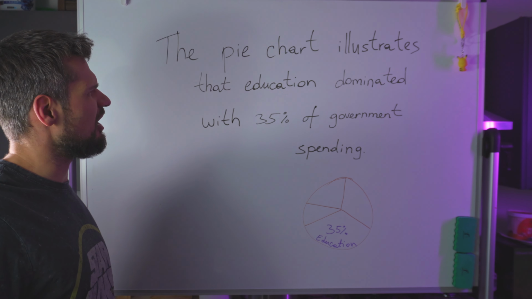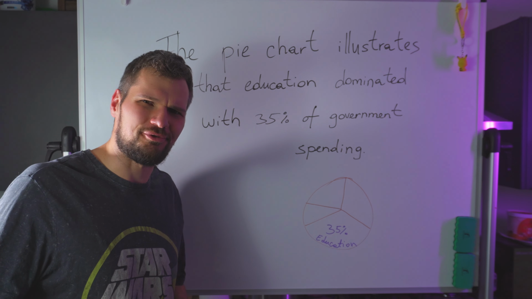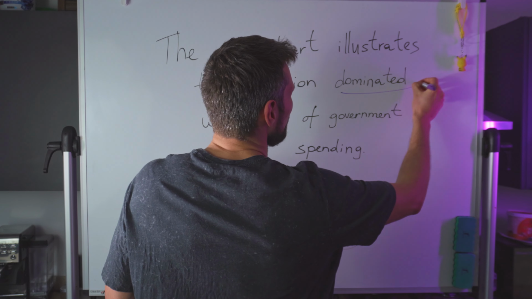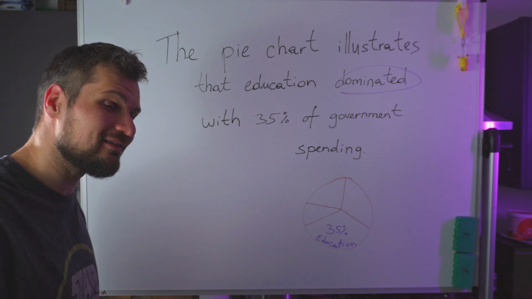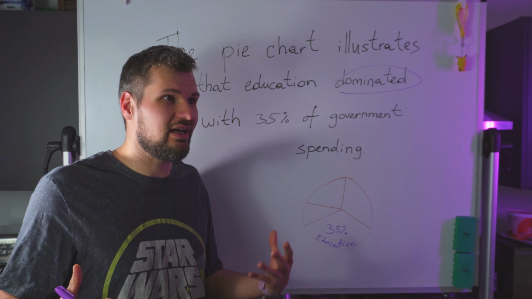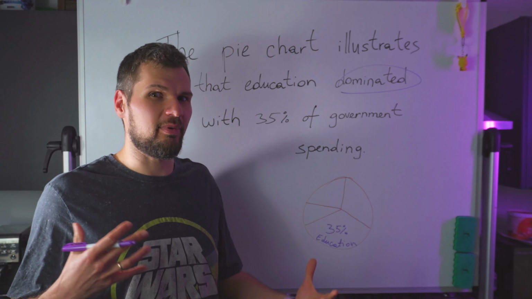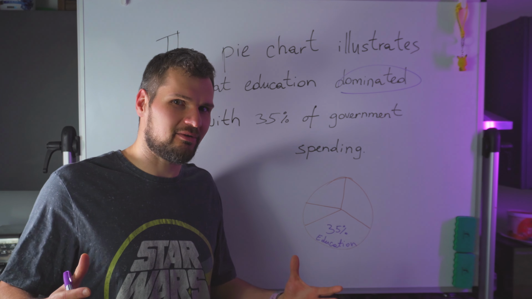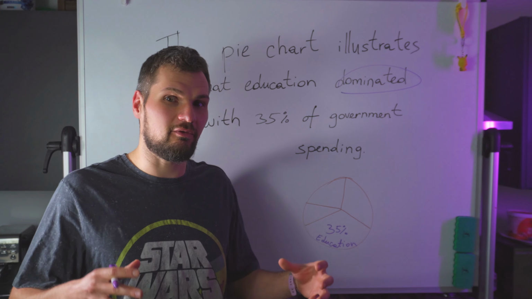I kind of told you what was wrong with it, but let's get straight into it. This word is not correct in this specific context. When we talk about dominance, it usually refers to competition. For example, in a pie chart you might see market share, with different businesses competing for customers.